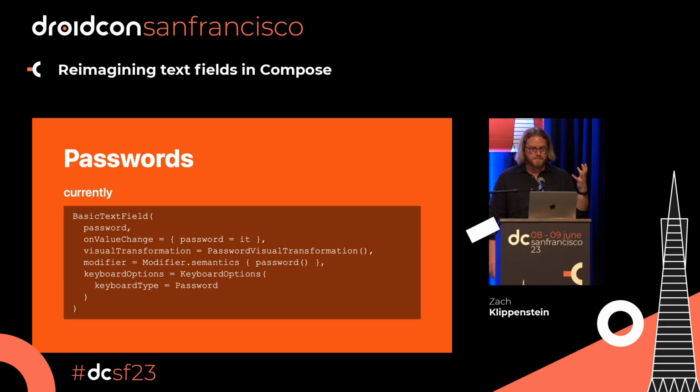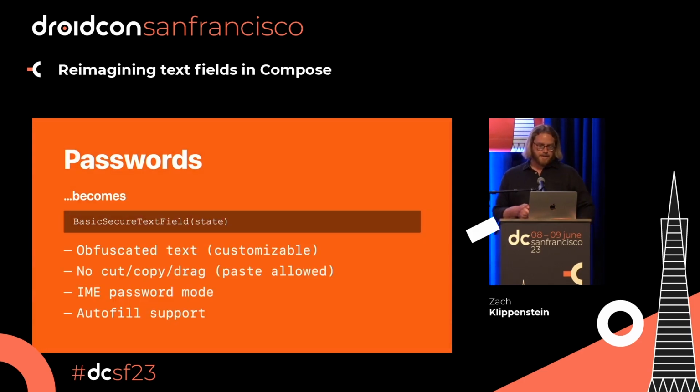So I think right now we do some of this based on the actual type. We treat that visual transformation type as a special type. And if you pass in a password visual transformation and the class matches, we do some of this stuff automatically. But if you want to write your own password transformation, that doesn't happen, and there's no good way to replicate it.